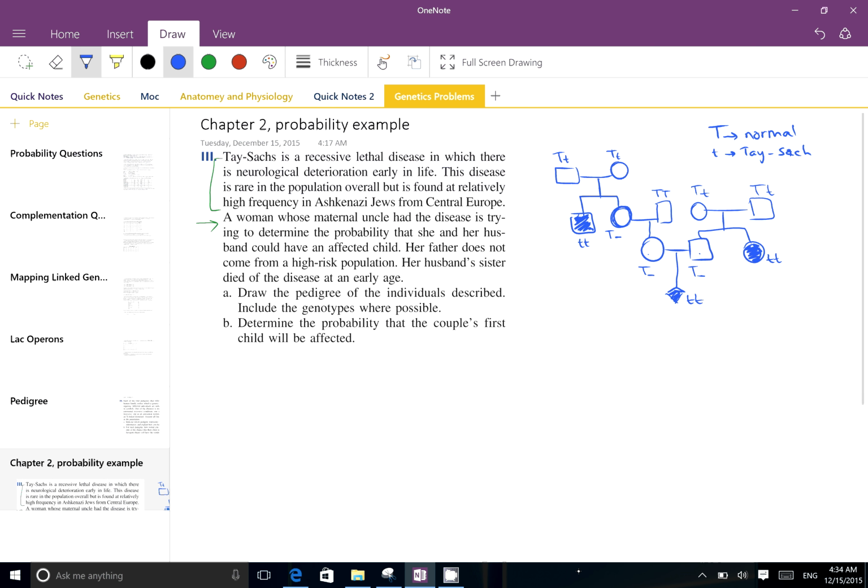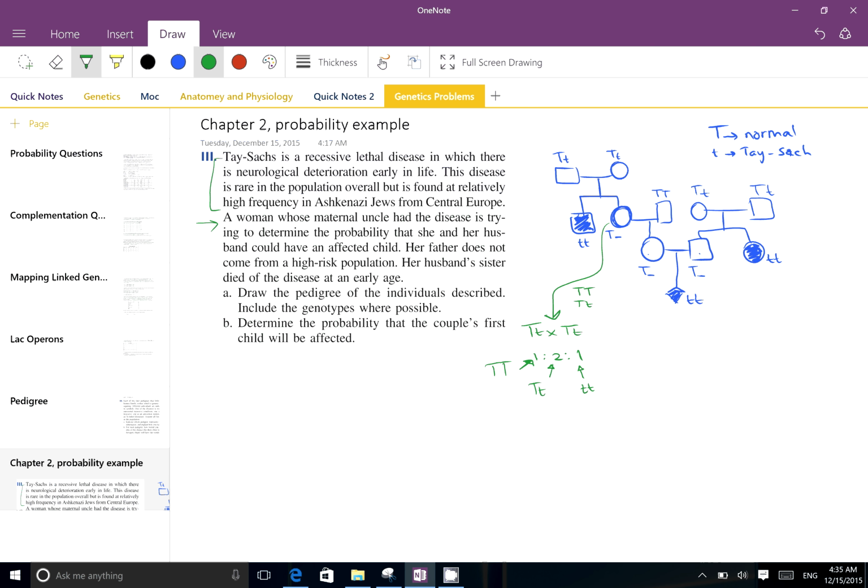So here for this mother, let me get a different color. We know that the grandparents are heterozygous, right? And the genotypic ratio for heterozygous parents is 1 to 2 to 1. This mother could either be a normal person, not a carrier, or she could be a carrier. This is the probability of her not carrying the disease, this is the probability of her carrying the disease, and this is if she had the disease.